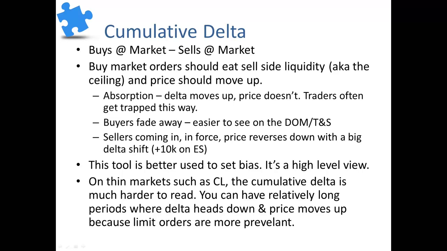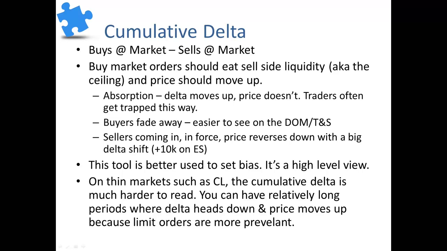Now, on the cumulative delta, absorption is characterized by the delta moving up, but the price not moving up. Okay, and that is traders getting trapped. Still, the cumulative delta is a bit too zoomed out, or a bit too high level, in my opinion, to get a good handle on short-term absorption.